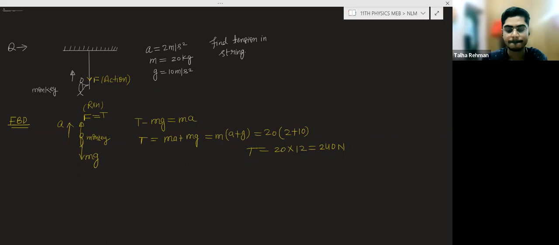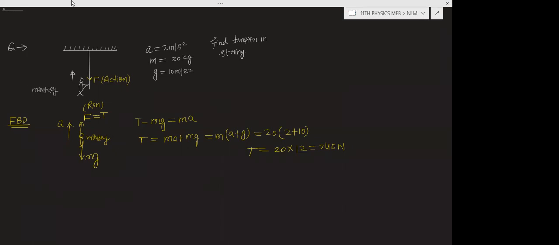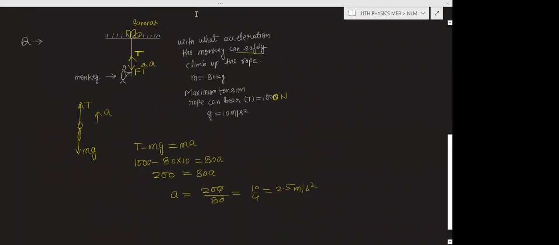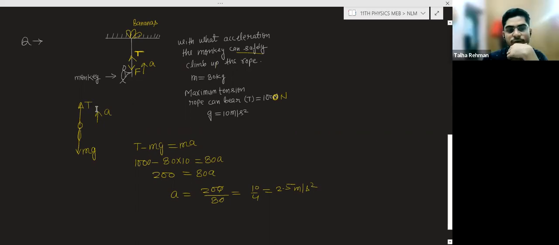Scroll down, all of you. Here, this tension force is a reaction force.